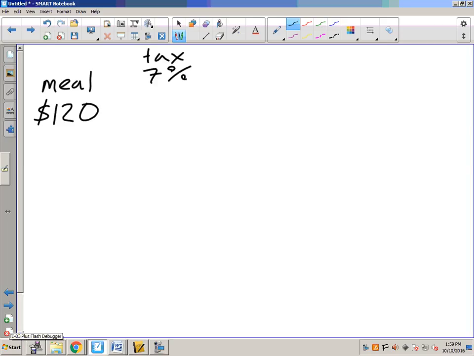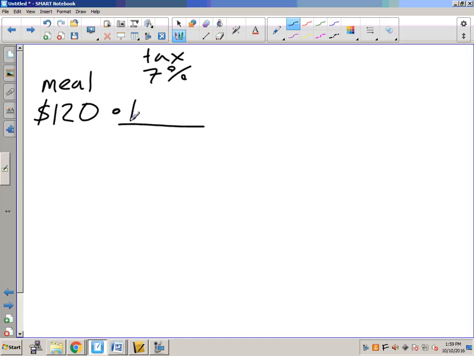Now, what's my total going to be? What could I do to $120 to figure out what my total is? I can multiply it by one single number. What number would that have to be to raise 120 from its current value up by 7%? 1.07. Nice.